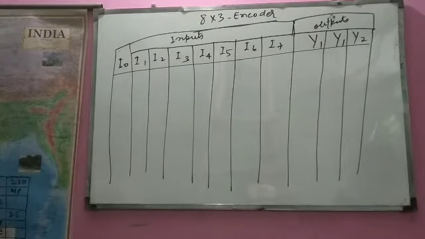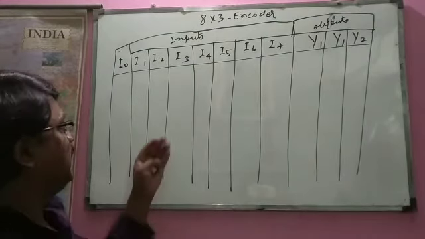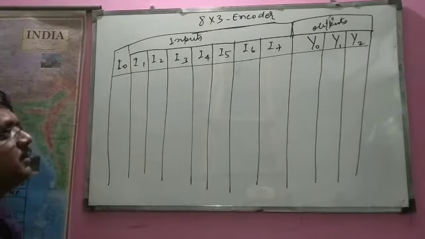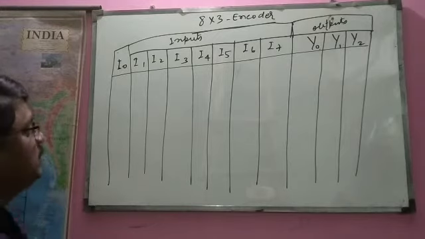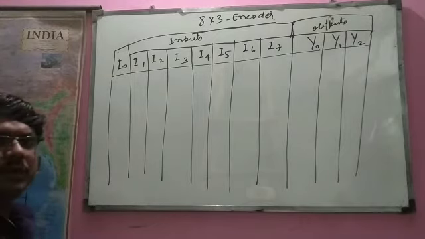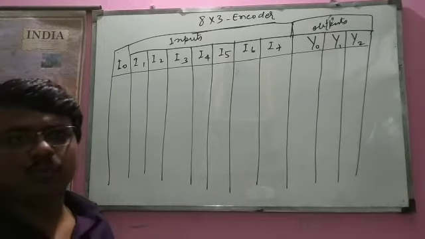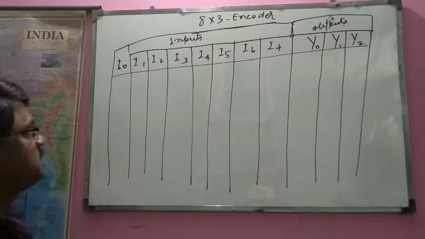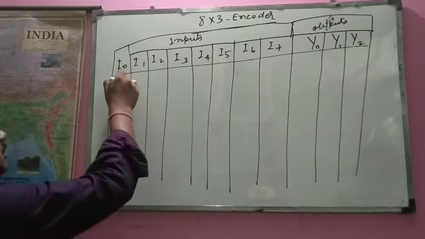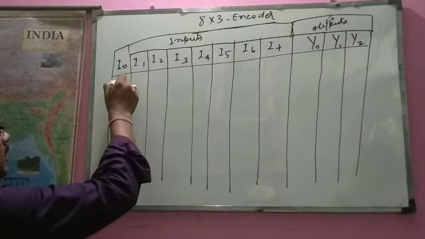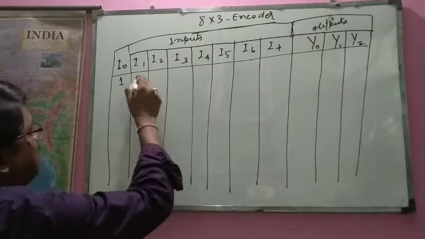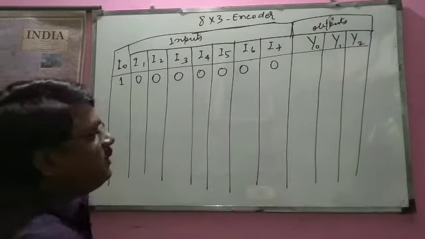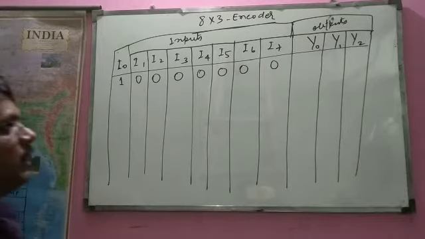So see one thing, what will be the inputs? I told you that only one will be high at a time. So let us suppose this one is high at the first position, and at that time all the other inputs are low.